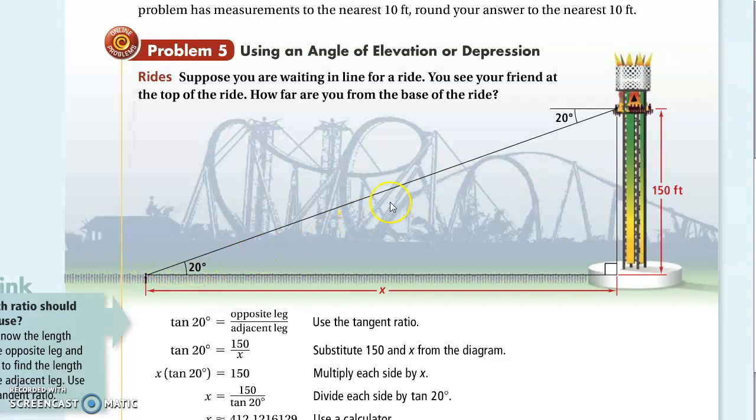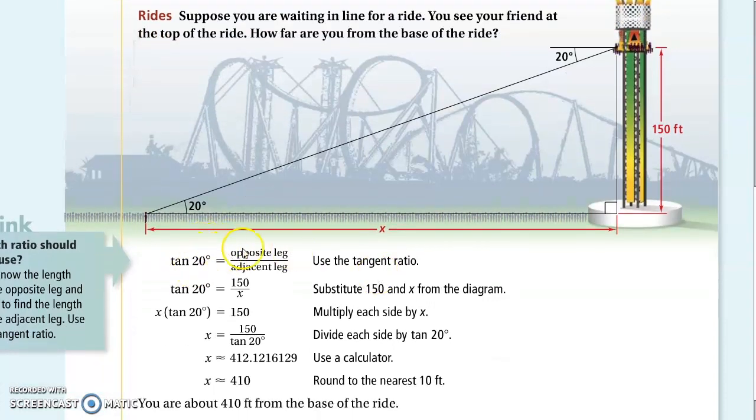Notice that this makes a right triangle, and we know this angle. The opposite length is 150, and we want to find the adjacent, so we should use tangent, because tangent is opposite over adjacent. Tangent of 20 degrees is equal to the opposite length, 150, divided by x.